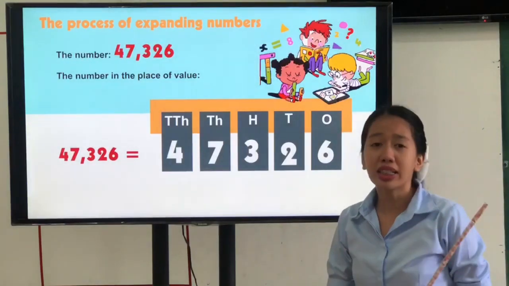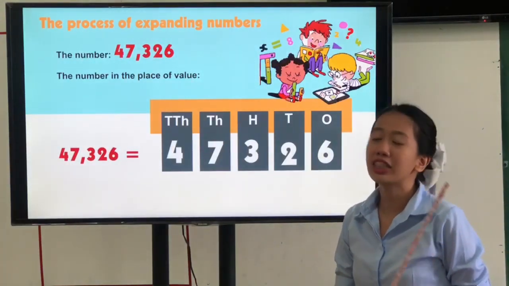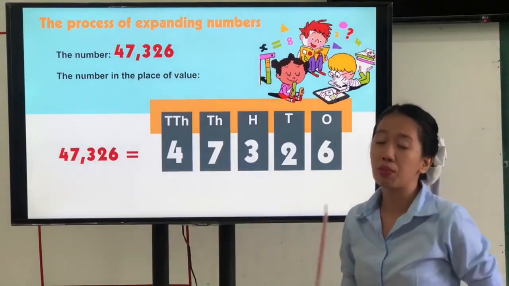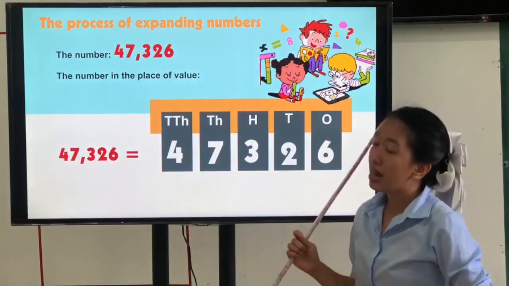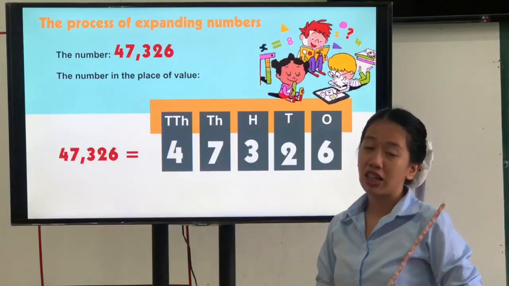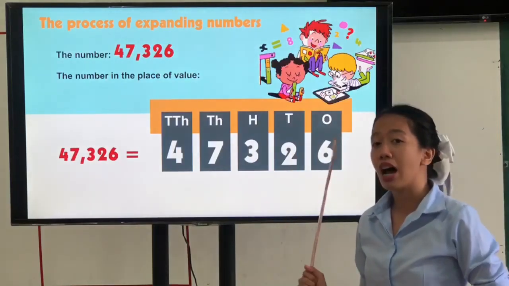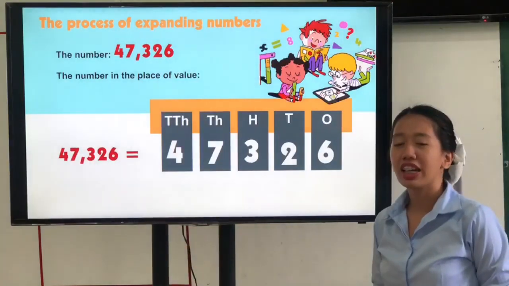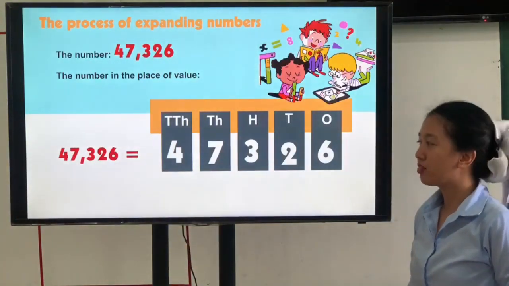Now let's identify the place value. Remember, when we identify our place value, let's start from our right side to our left side.